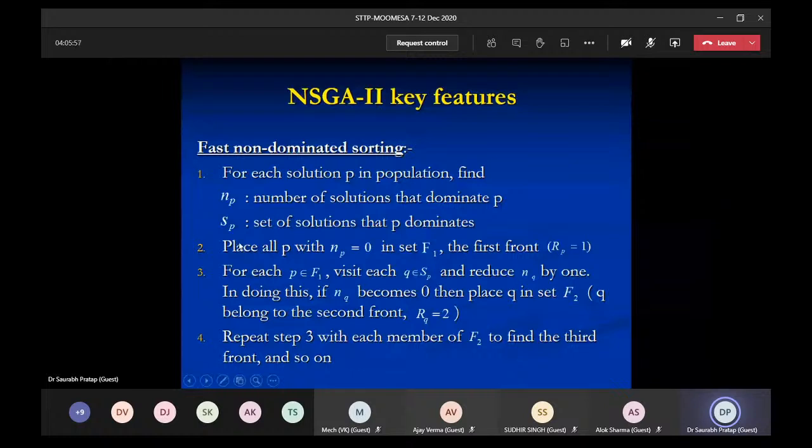Then we place all the P with NP equal to 0 in set F1, because it is an initialization process, and after that, for each P that belongs to F1, visit each Q belonging to SP. So it repeats up to the determined solution, or up to the optimal solution.